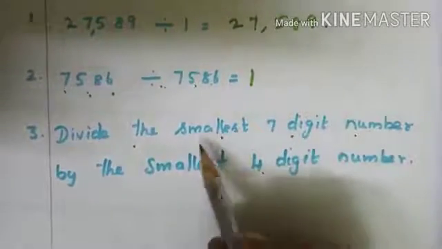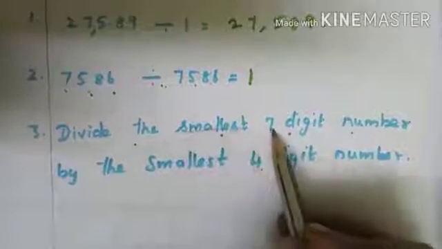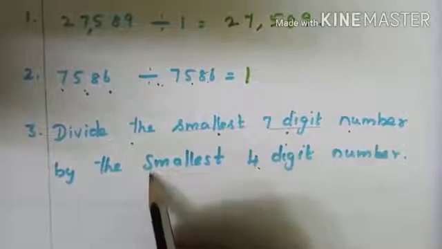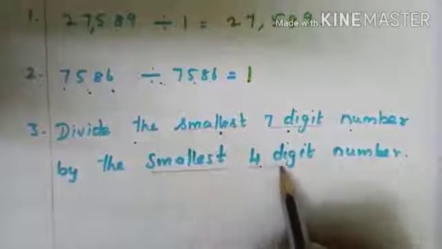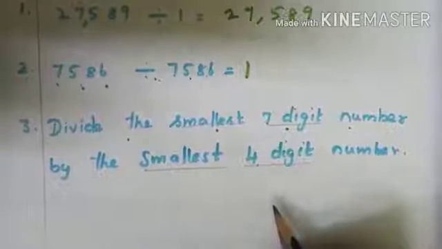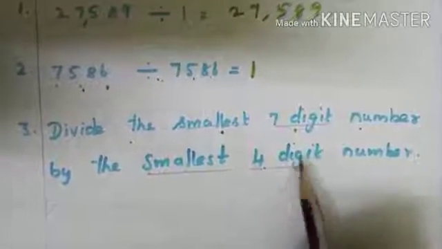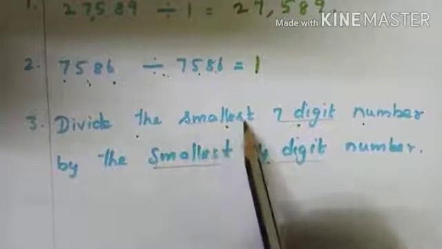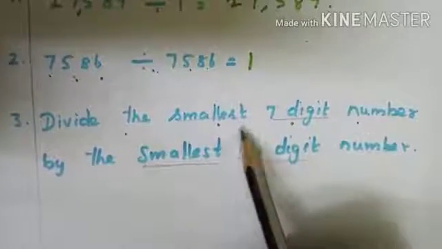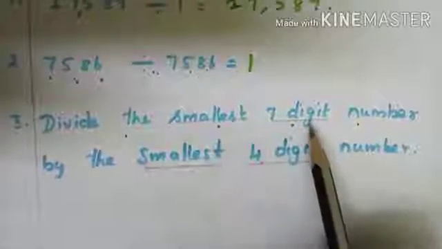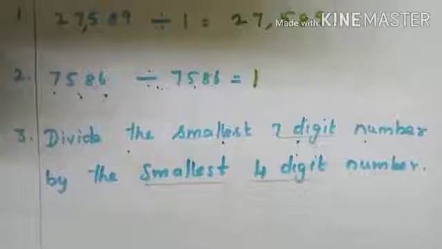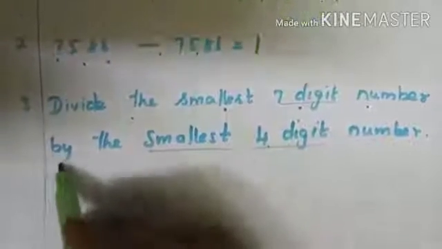Divide the smallest, see, underline smallest 7-digit number by the smallest 4-digit number. And what will we be getting? See here, the question is the smallest 7-digit number. What is the smallest 7-digit number? Yes, the smallest 7-digit number.